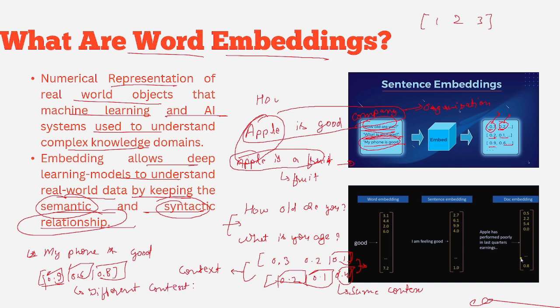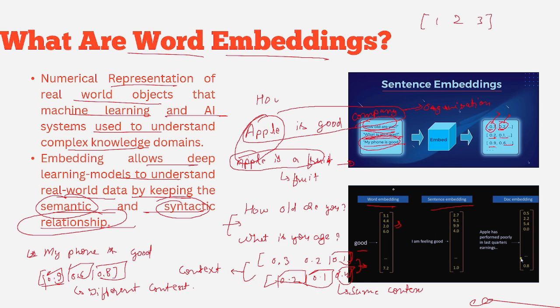So I hope it is clear to you what word embeddings are and how they are represented as numbers to preserve the context. Another example: this is a word embedding, a word represented as a vector.